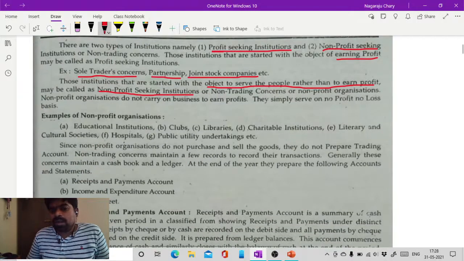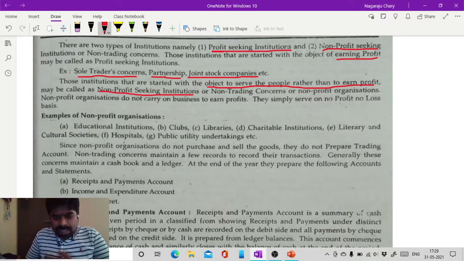Let us see examples. Which types of organizations are known as non-profit organizations?